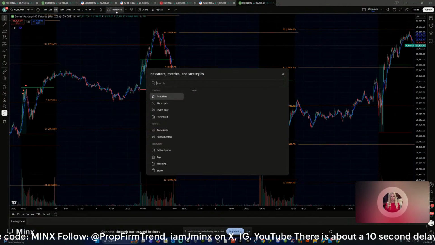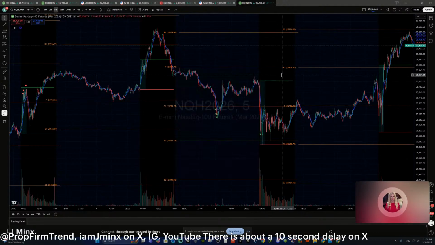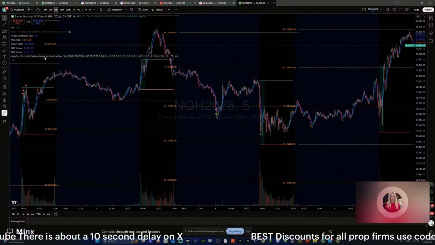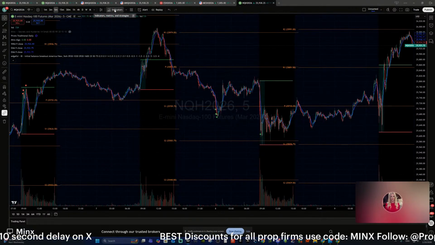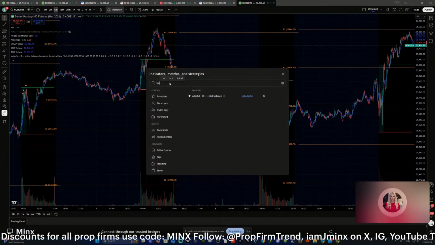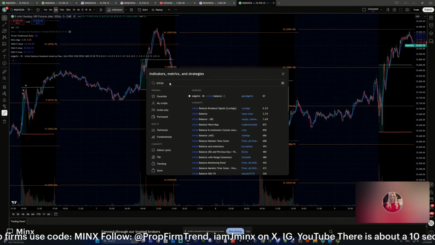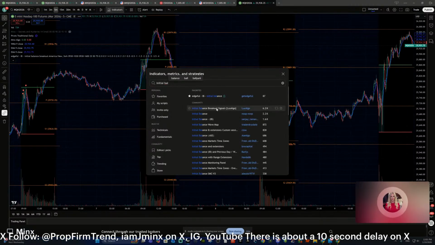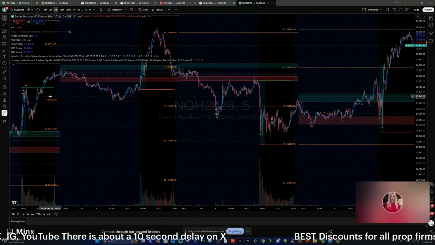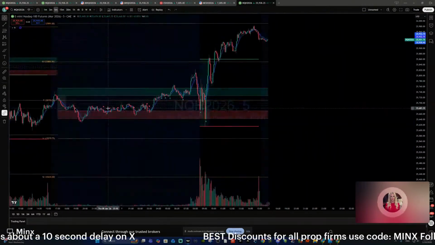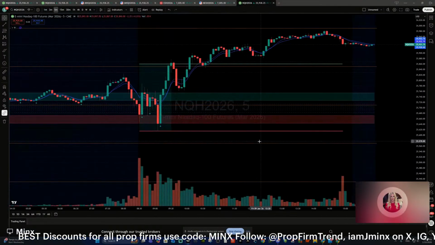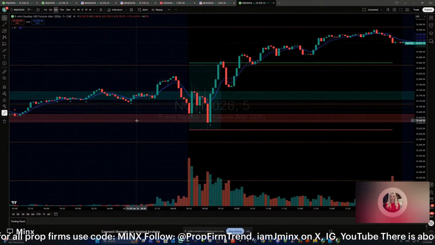Go find an indicator. What did I add on here? This one is Edgeful, but I'm sure there's other initial balance indicators. Hold on. Initial. Yeah, so LuxAlgo has it. Just add it. It's free, I think, for you guys. I have a LuxAlgo account.